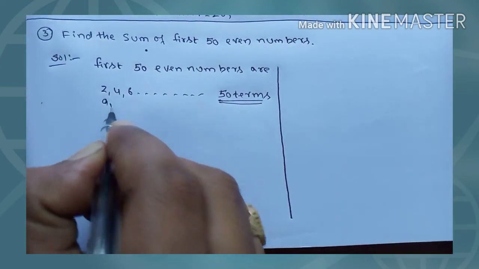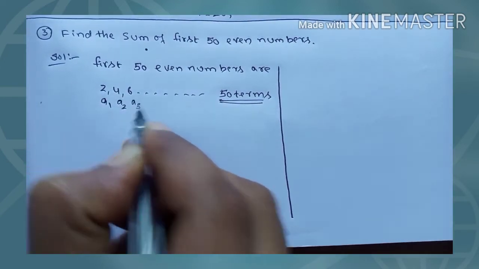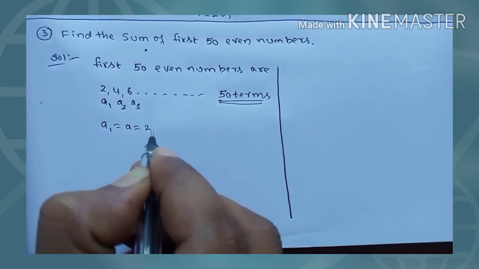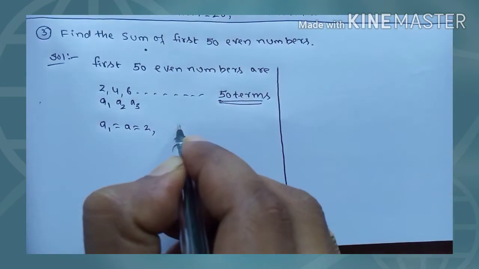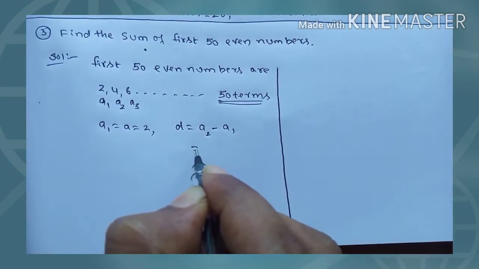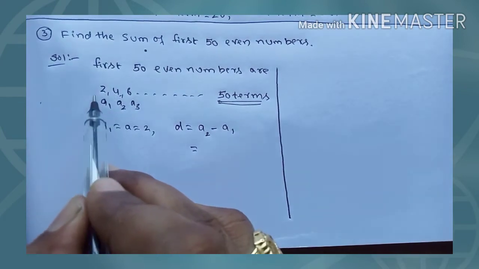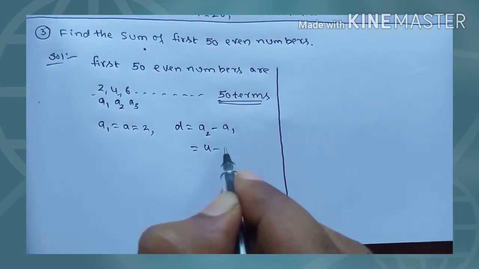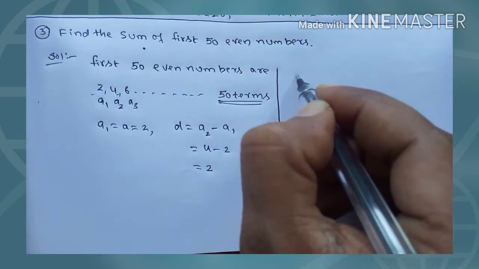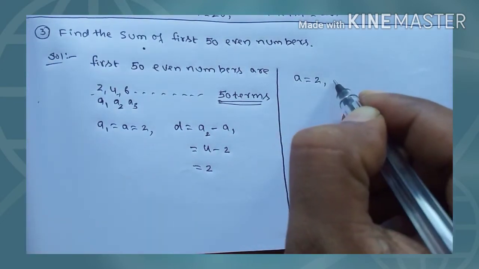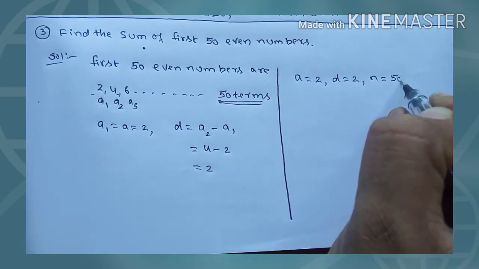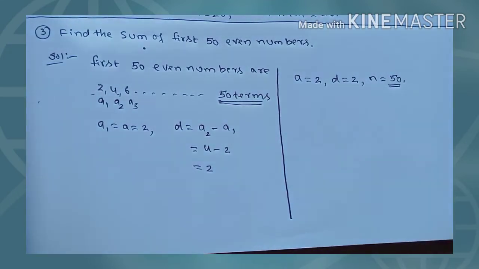Here this is a1, this is a2 and a3. a1 is equal to a, which is equal to 2, and the common difference d is equal to a2 minus a1, second term minus first term, 4 minus 2 is equal to 2. So the a value is 2, the d value is 2, and the n value is the given 50, sum of 50 terms.